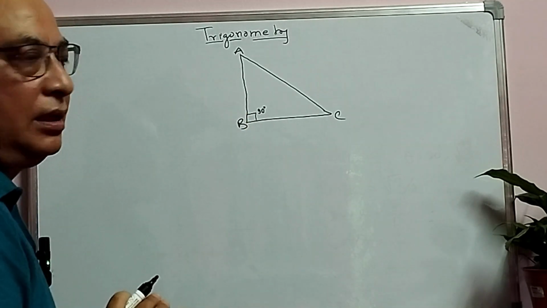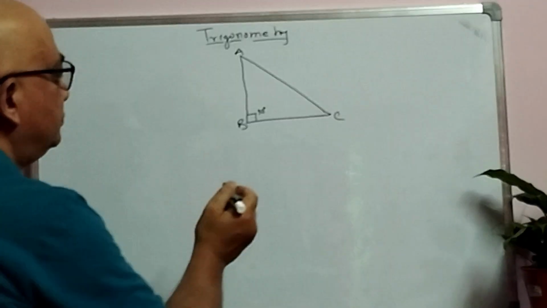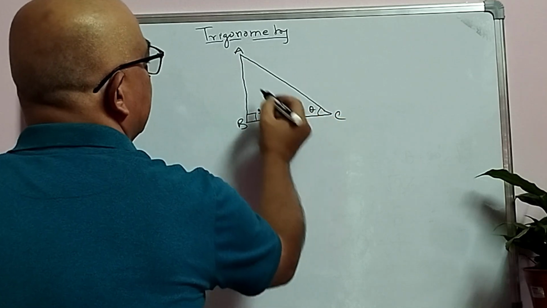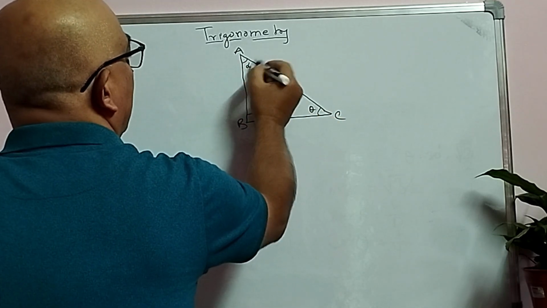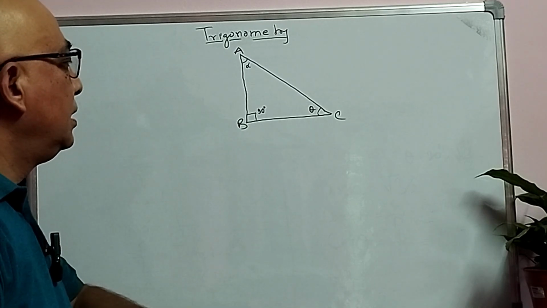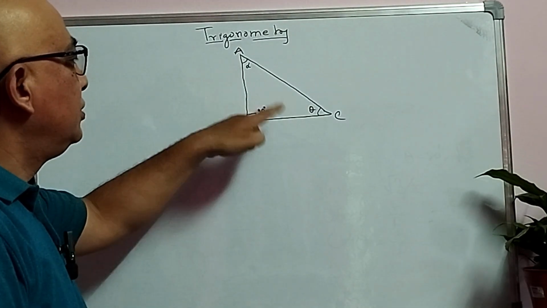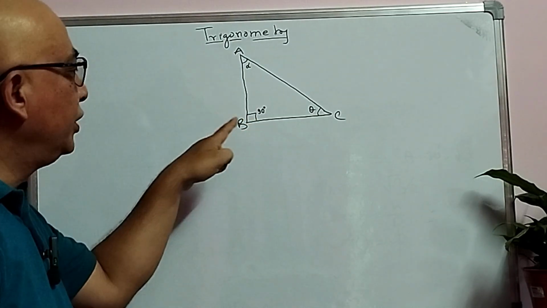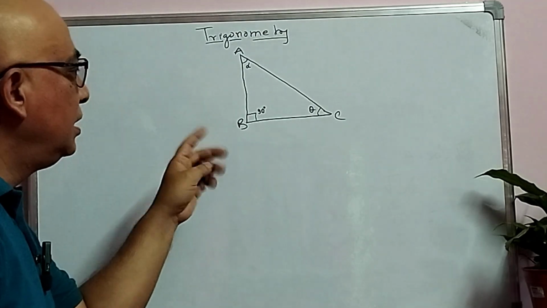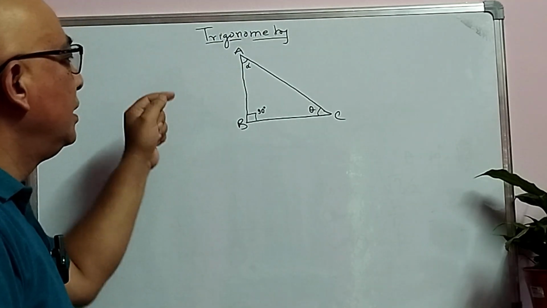That's all about trigonometry. Other angles can be any. Suppose this is theta, this is alpha. So here three angles, one being 90 degrees and others depending on situations. They can vary.